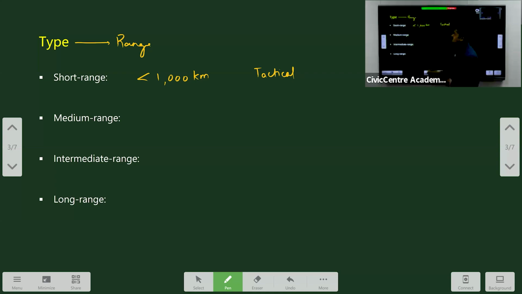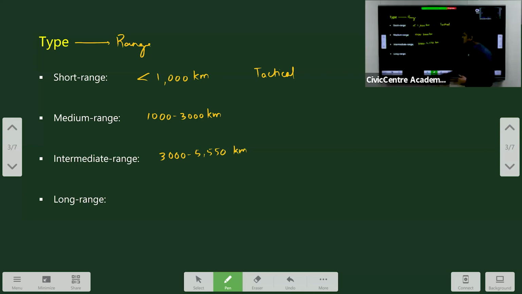The second type is the medium range, where the range of the missiles is 1,000 to 3,000 kilometers. The third one is the intermediate range, where the range of the missile is 3,000 to 5,500 kilometers.